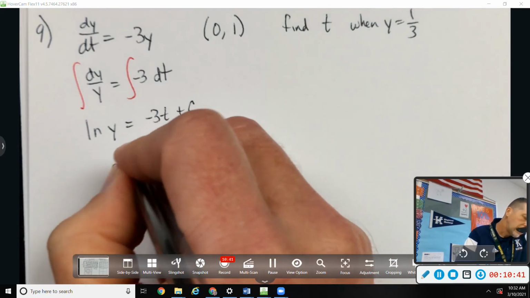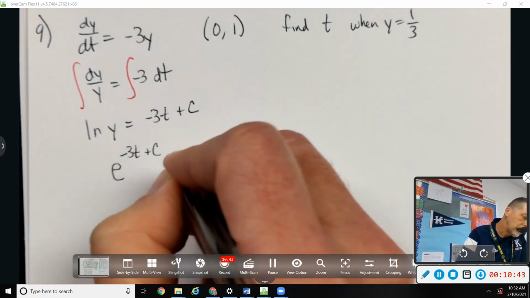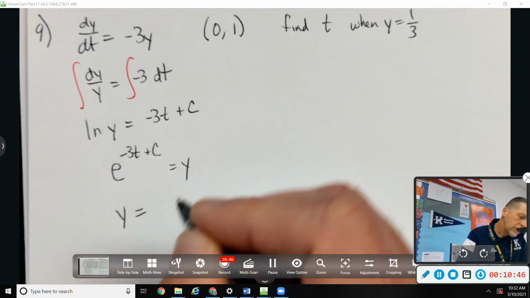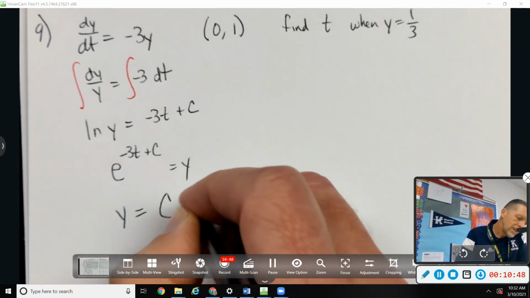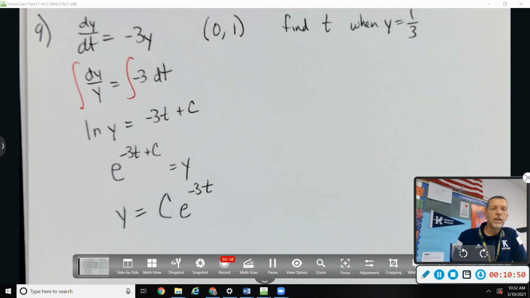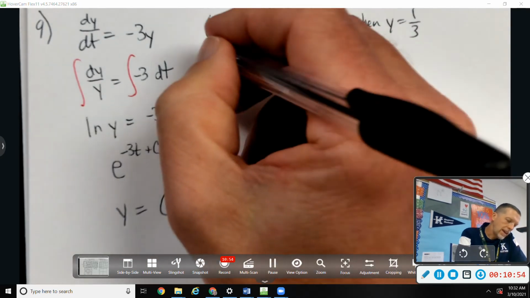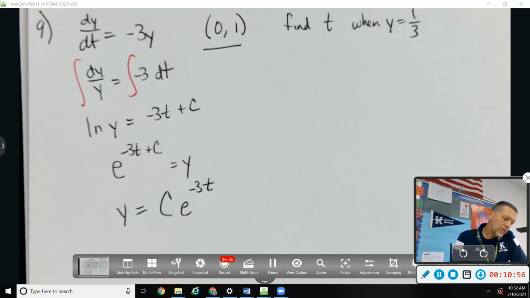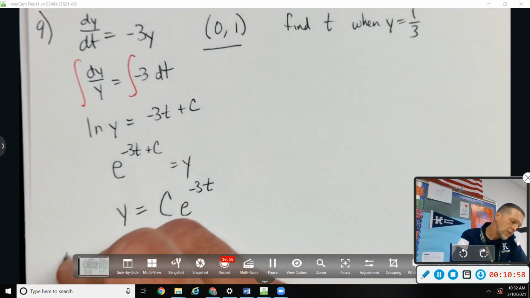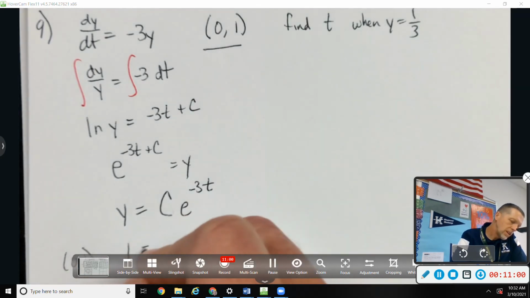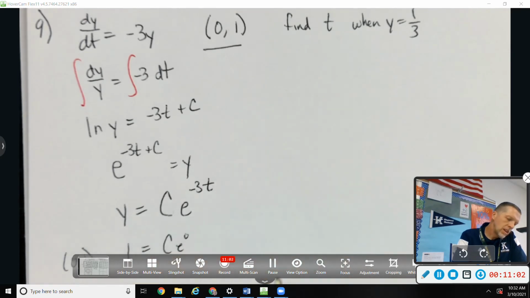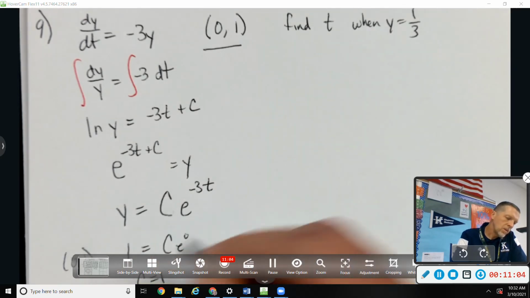So e to the negative 3t plus c equals y. We do our little algebra trick. C e to the negative 3t. And I can figure out what c is based on 0, 1. So c is 1.